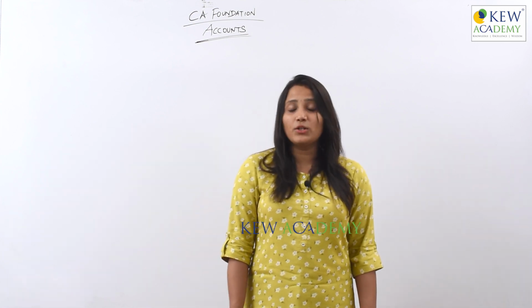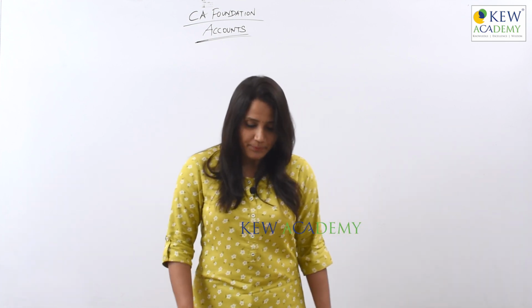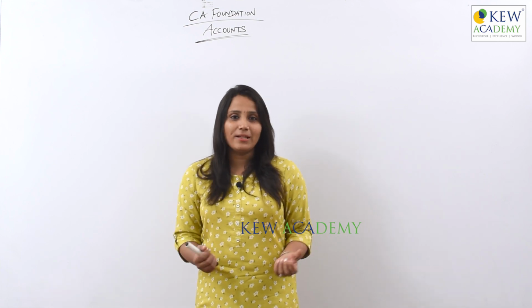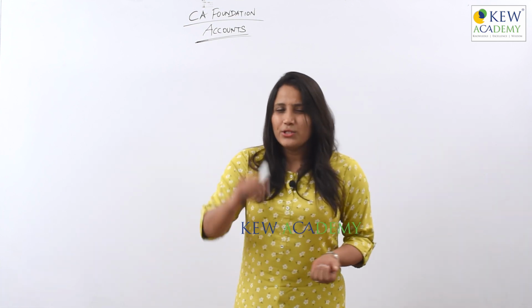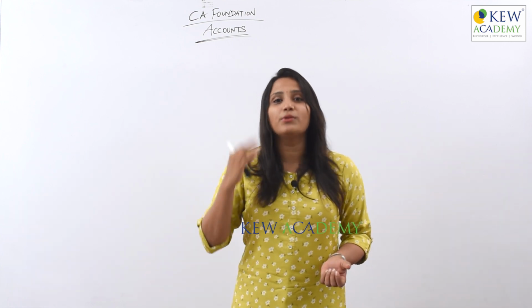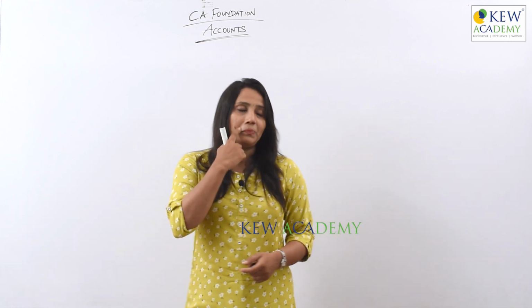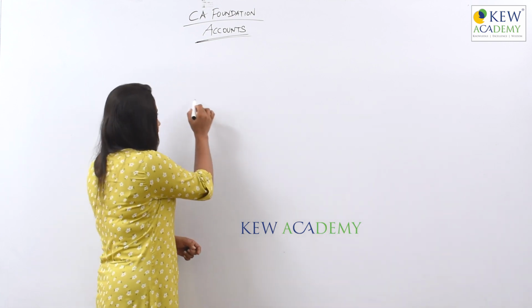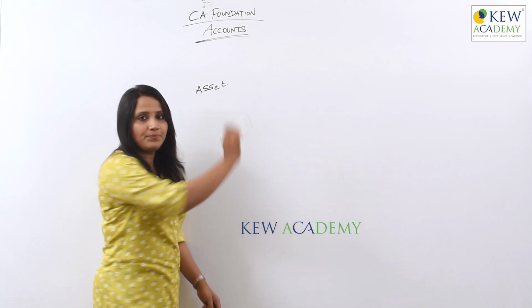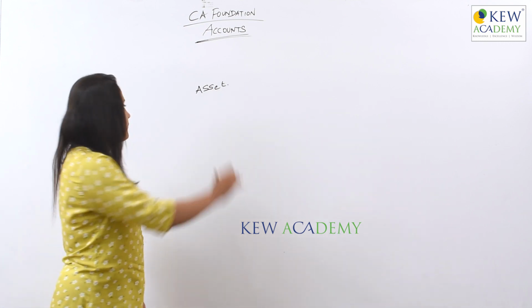So let's start with the topic Bills of Exchange. Whenever you are here for accounts, I always tell you, be good in your concepts. In accounts, there are only 4 terminologies which you should know. What are they? First one, asset.